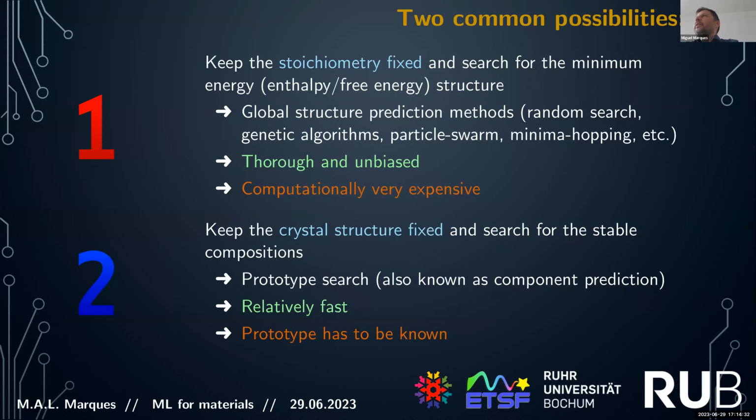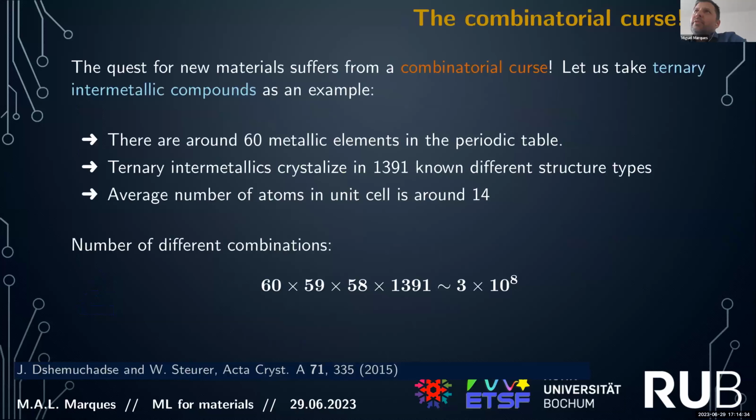Now, this approach of prototype search leads to what we can call a combinatorial curse. Let me give you an example for this to be clear. Let us take as an example ternary intermetallic compounds. This means ternary with 3 chemical elements. Intermetallic, this means these elements are just metallic elements.